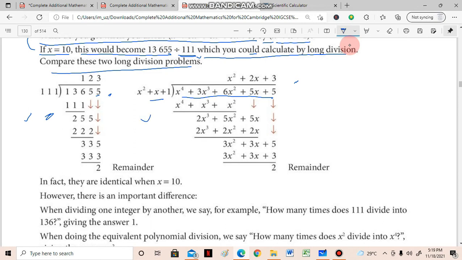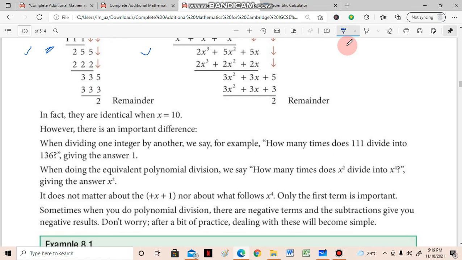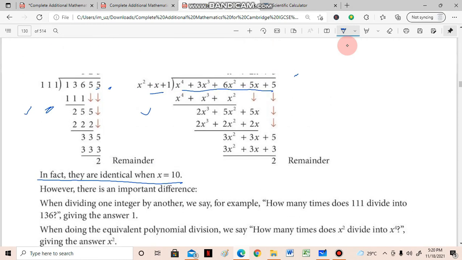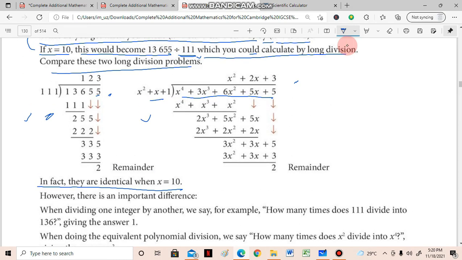Alright, let's scroll down, and now they are saying in fact they are identical when x is equal to 10. Now how are they identical? Well, they are identical because you can see that they both give us the remainder of 2. But one thing to note over here is that they are only identical when x is equal to 10. Why?